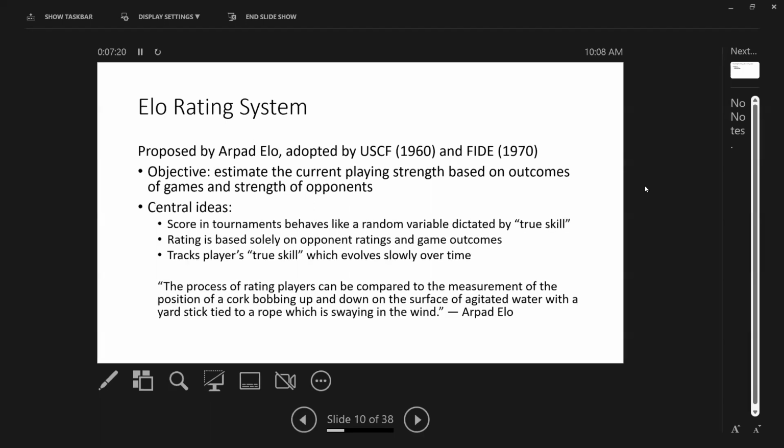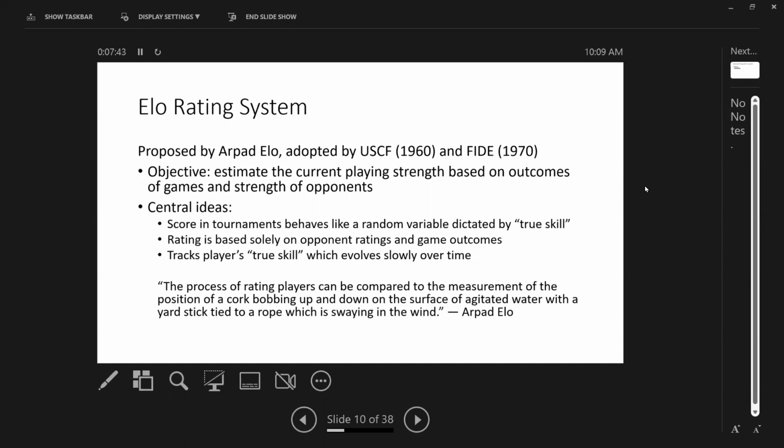And here are some central tenets to developing this new Elo rating system. One thing is that scores in tournaments behave not as a measure of absolute skill, but fluctuate around your true skill level. Your score is going to be somewhat like a random variable that's dictated by your true skill.